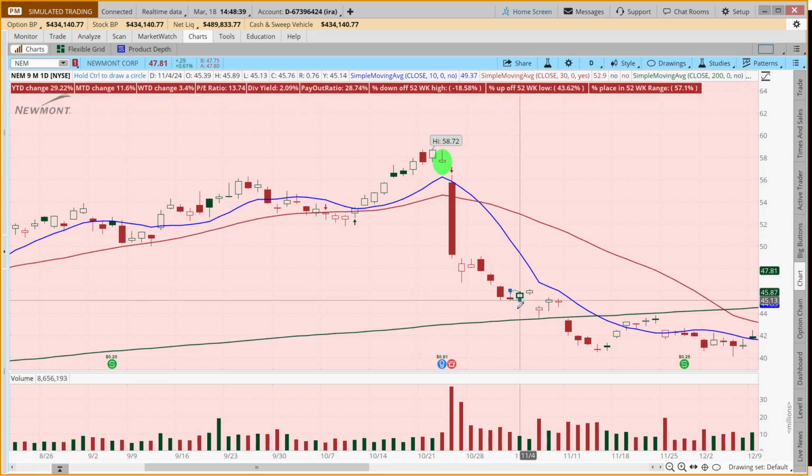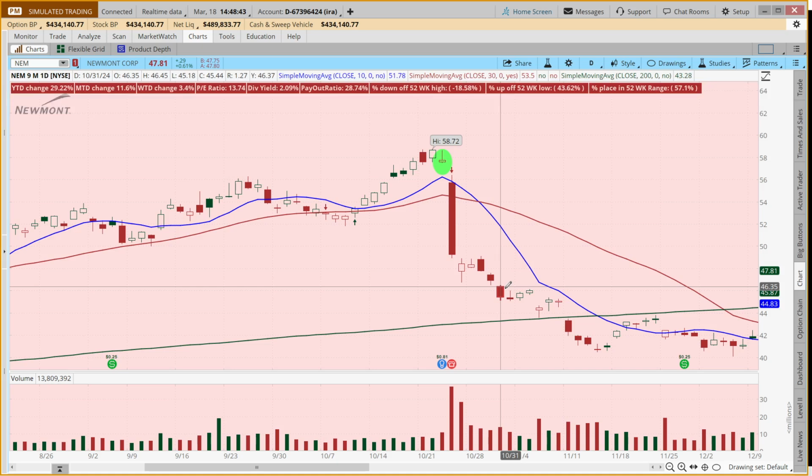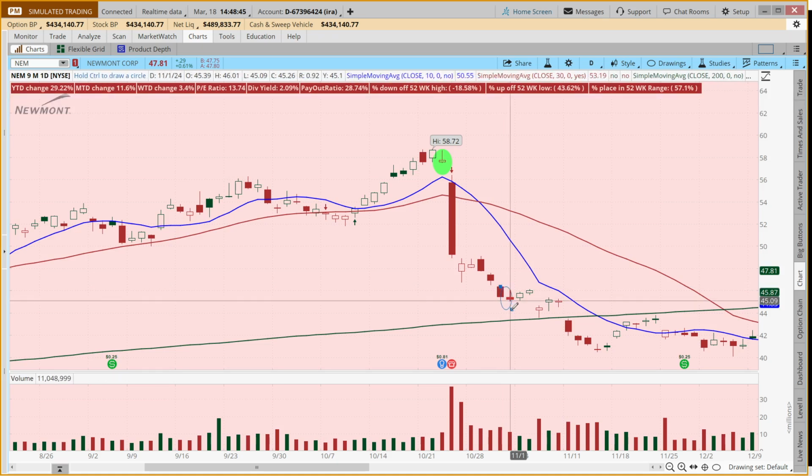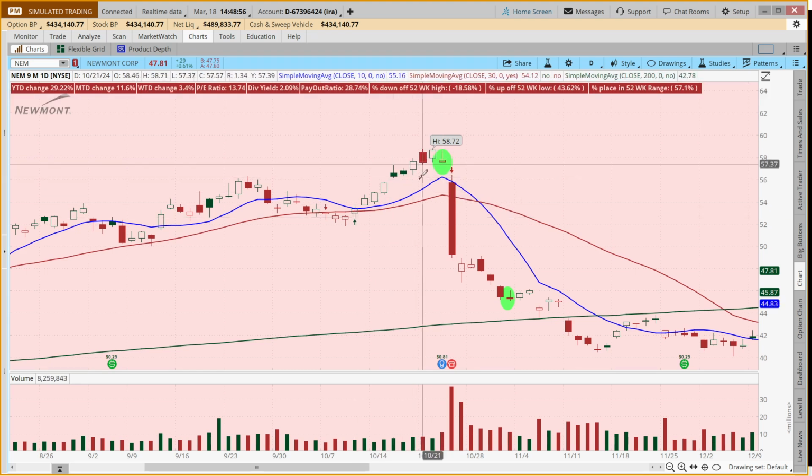So, that's the difference between inverted hammer, indicating perhaps the end of a downtrend, and shooting star, indicating perhaps the end of an uptrend.